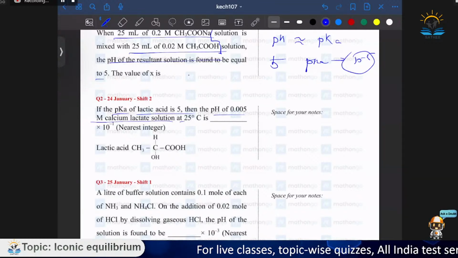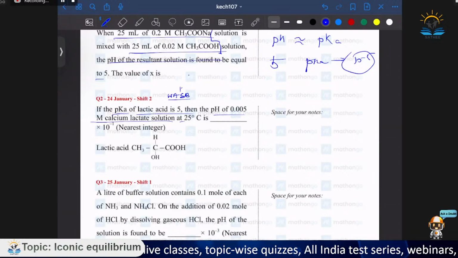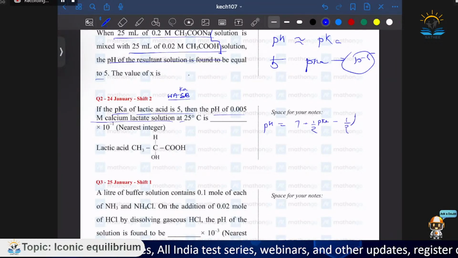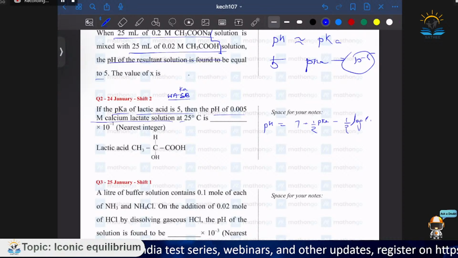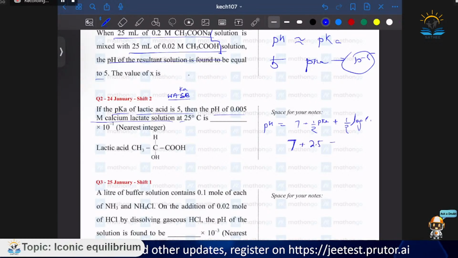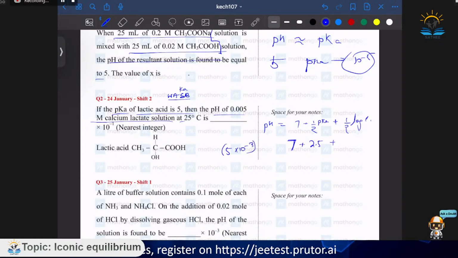If the salt is being formed, it is a salt of a strong base and weak acid. Ka is defined. pH is going to be 7 plus 1 by 2 pKa plus 1 by 2 log C. 7 plus pKa by 2, which is 2.5, plus half of log C. C is 5 into 10 to the power minus 3, so log C is minus 3 plus log 5, minus 2.3, divided by 2.